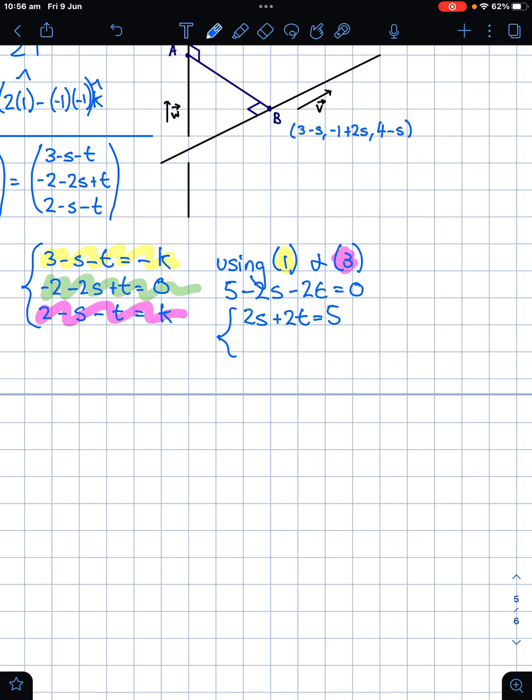I've already got negative 2s, I've got plus t, and then if I add 2 to both sides, I get equals 2. So this would equal 0 plus 3t equals 7. And I must have stuffed up somewhere, negative 2s plus, I meant to have a negative.